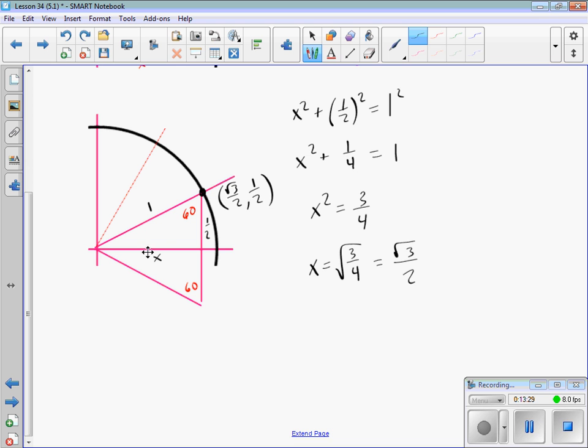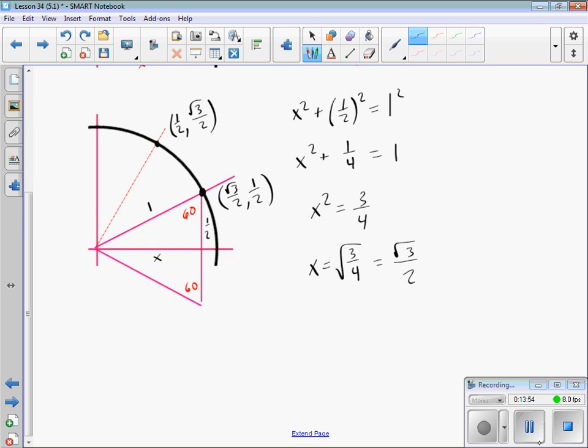So now the length across the bottom is going to be a half. And the length up the side would be the square root of 3 over 2. Okay, those just flip for this one. Because they're going to be on our unit circle that we're going to use a lot, like for all these sections.